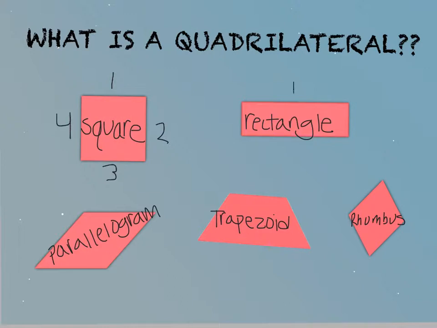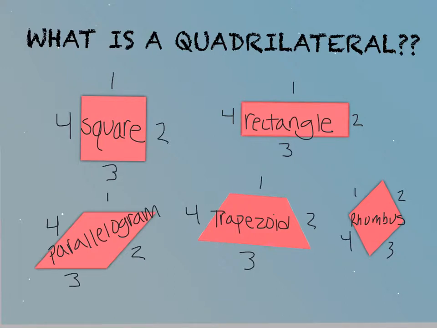Rectangle has 1, 2, 3, 4 sides. Parallelogram has 1, 2, 3, 4 sides. A trapezoid has 1, 2, 3, 4 sides. And lastly, a rhombus also has 1, 2, 3, 4 sides.